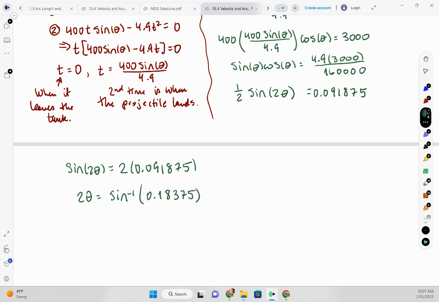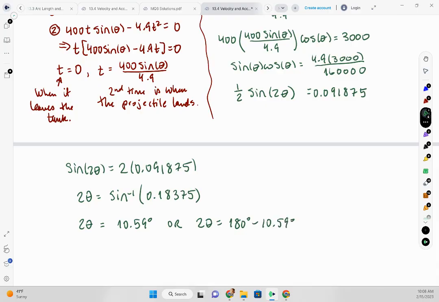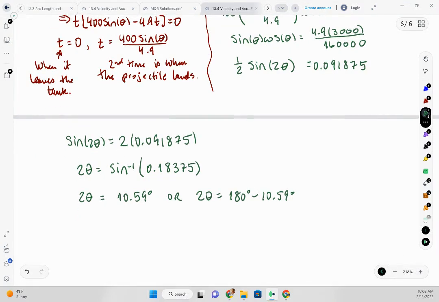So 2 theta is equal to about 10.59 degrees, or we want to get the other side: 2 theta is equal to 180 degrees minus 10.59 degrees. 180 minus 10.59 is going to be 169.41.